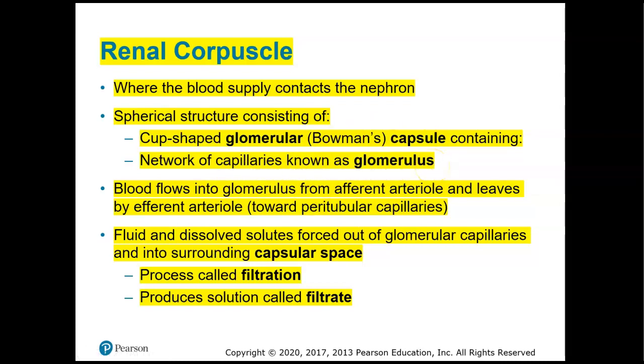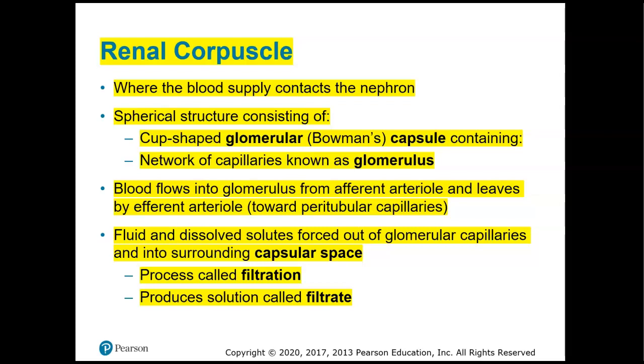So the renal corpuscle consists of the part that collects filtrate that's going to become urine, and that's called the glomerular capsule. And then you have the part that belongs to the circulation, which is a network of capillaries called the glomerulus. So two parts of the renal corpuscle, the capsule and the glomerulus.